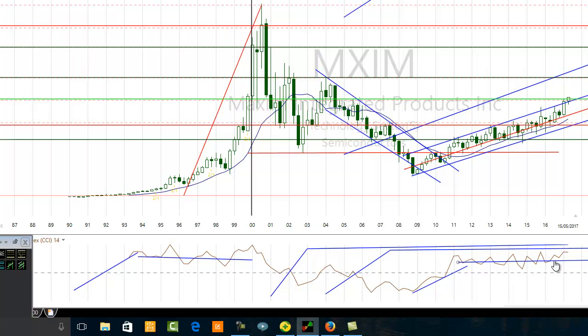Put the oscillator aside, and then concentrate on the price. As always, when you learn something new, use a demo account and practice, like a boxer. Use live data, practice on different time frames, use a higher time frame, and then use a different time frame to trade it for day trading and swing trading purposes. Sometimes a lot of traders learn something like this, and then they go on a 5 minute chart and try to play with it.